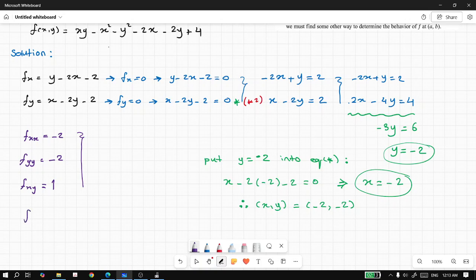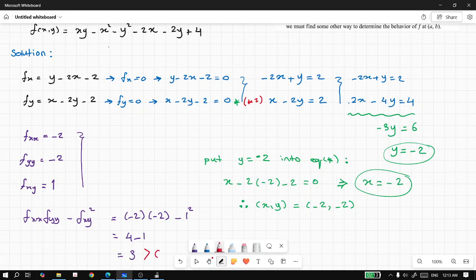What is the discriminant again? F sub xx multiplied by f sub yy minus f sub xy squared, which gives me f sub xx is minus 2, f sub yy is minus 2, minus f sub xy squared is 1. So here I get 4 minus 1, and that's equal to 3.